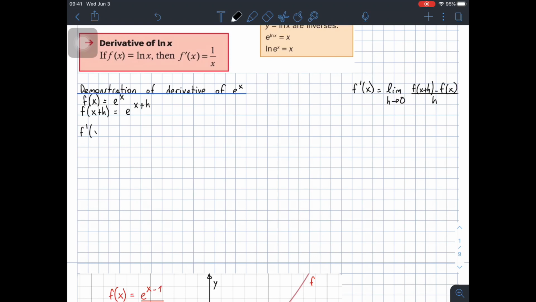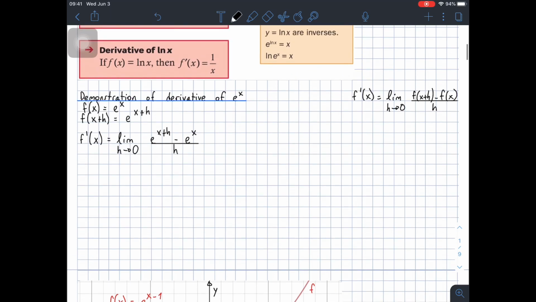So if we want to find the derivative, we're going to apply the definition. The derivative of this function is equal to the limit when h approaches 0 of e to the power of x plus h minus e to the power of x over h. If we evaluate this function, if we replace the value of h equals 0 into this, we're going to get the following.